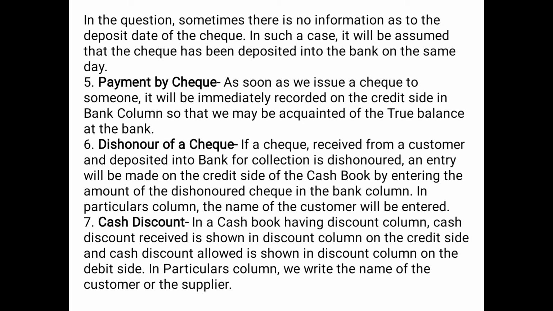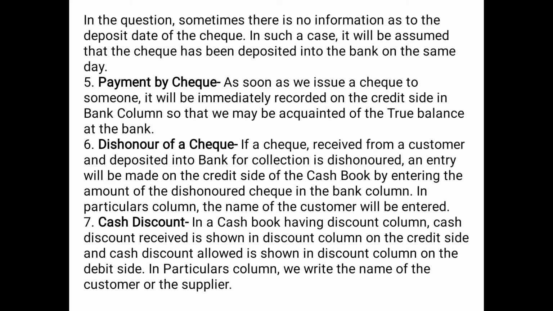Then the seventh point, very important, because we are talking about the triple column cash book. We have already discussed how to record various transactions in the cash column and in the bank column. Now, how to record the transactions in the discount column. Obviously we know there are two types of discount: trade discount and cash discount. We have already learnt in the chapter on journal that trade discount is given for bulk purchases.